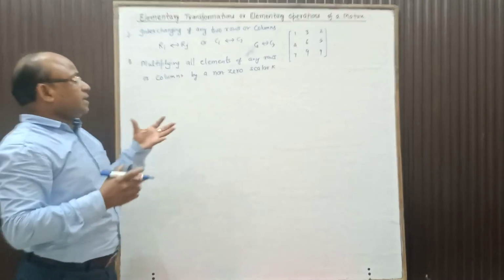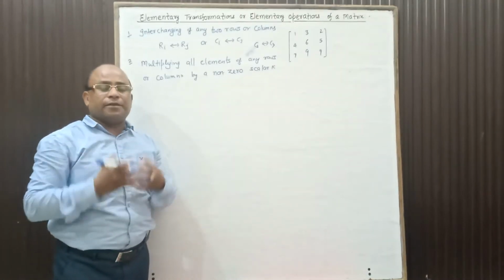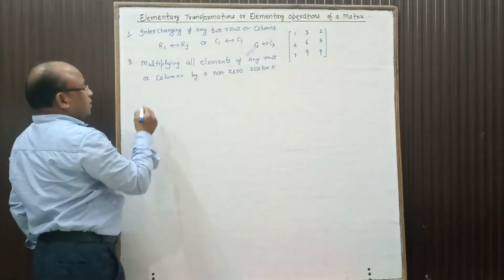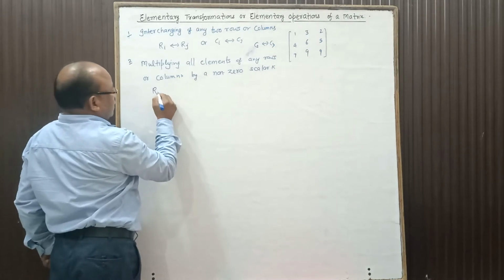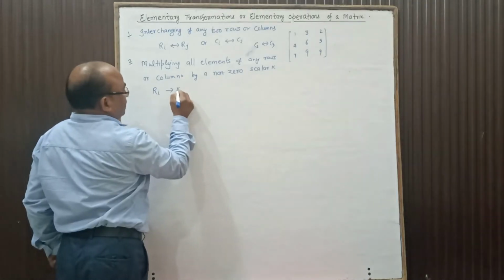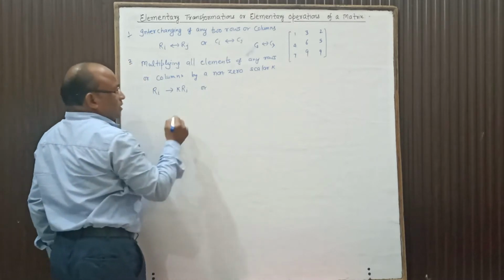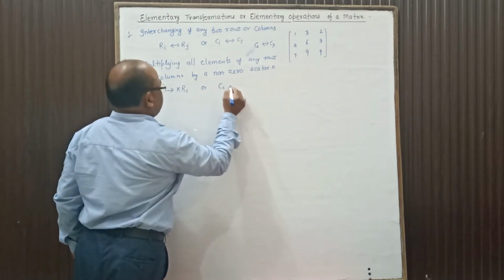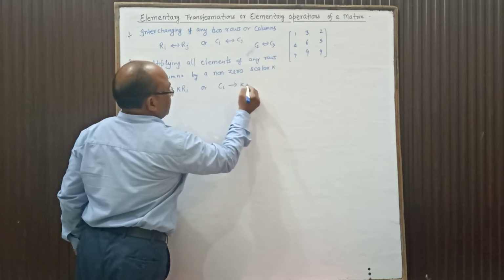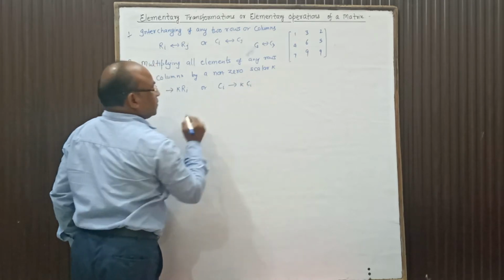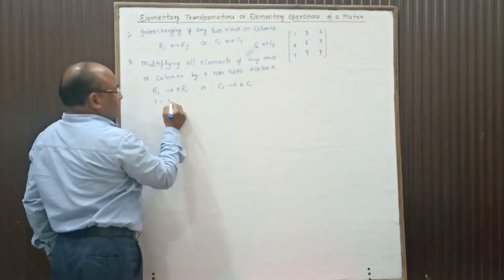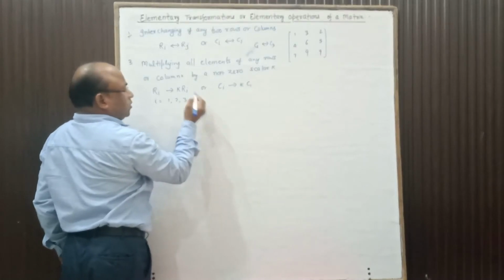It means k may be any non-zero real number. This is denoted by Ri is replaced by kRi, or in terms of columns, Ci is replaced by kCi, where i may be 1, 2, 3 and so on.